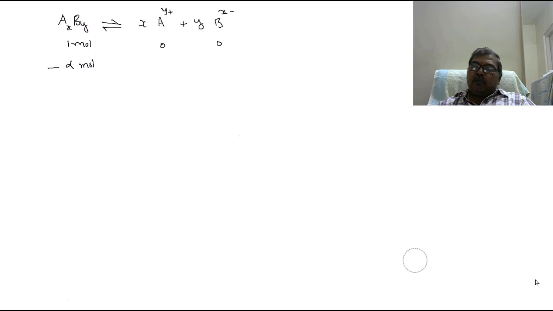So for 1 mole we will get x moles. Now for alpha moles, how many we will get? x alpha moles we will get. For 1 mole of salt, y moles of anions we will get. For alpha moles, how many we will get? y alpha.